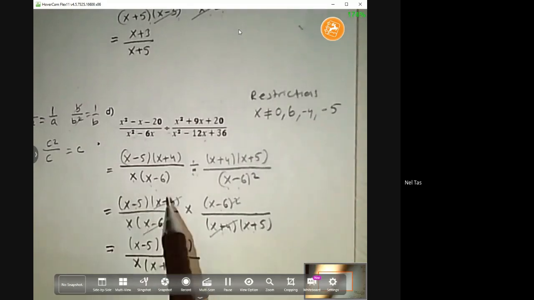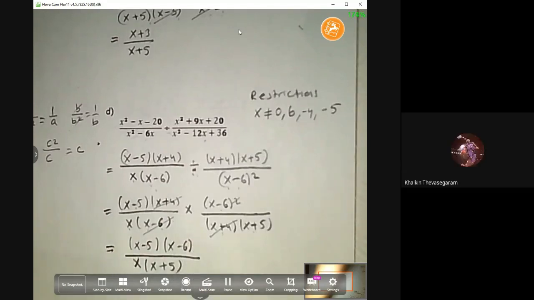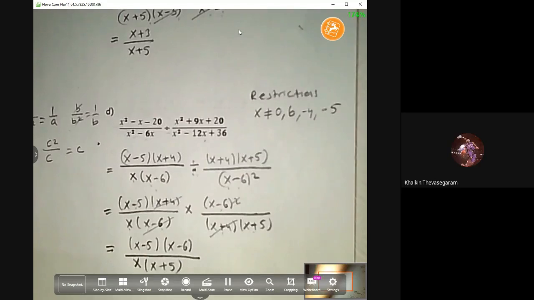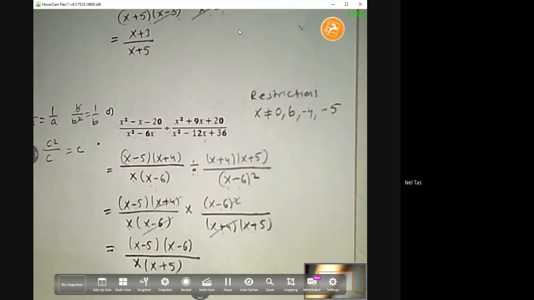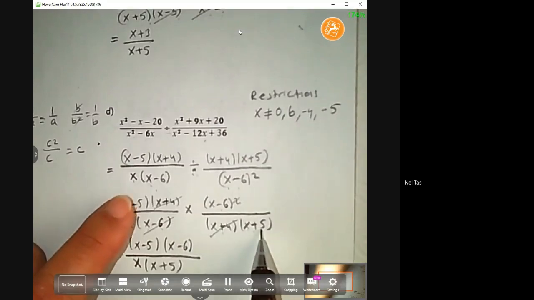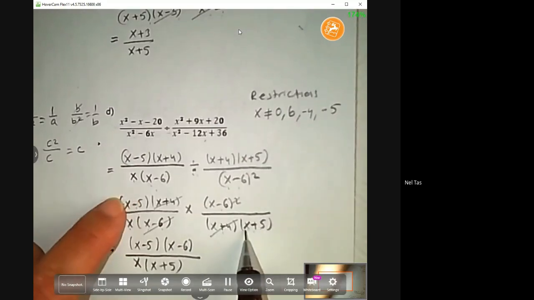Any question about this? Miss Taz, aren't the x minus 5 and the x plus 5 opposites? They are not opposites. To have opposites, both of them have to switch sign. Yes, this is positive 5 and that is negative 5, but this is x, and this is still x.